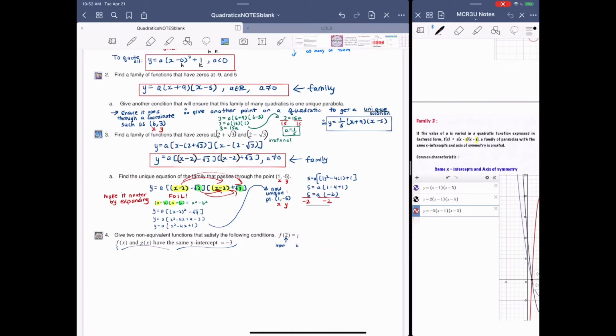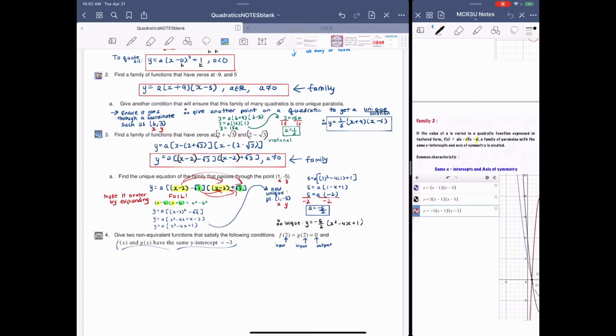And so I'm going to get a is equal to negative 5 over 2, because I don't want the negative in the denominator. And finally, I have to write a concluding equation, the unique equation. And I get y equals -5/2 (x² - 4x + 1).